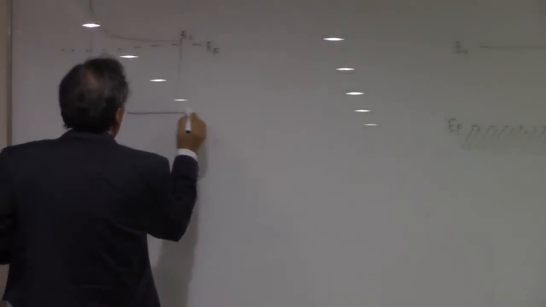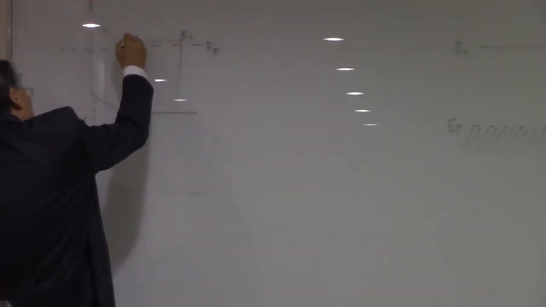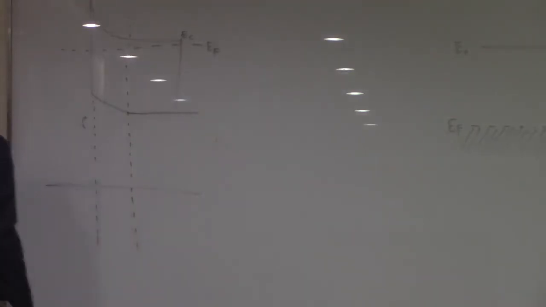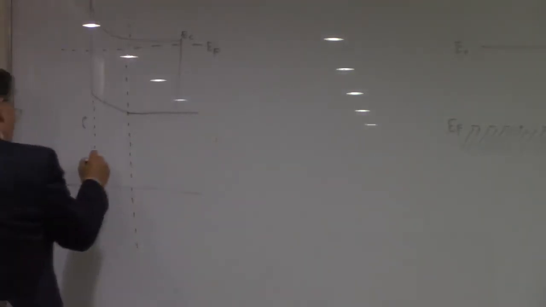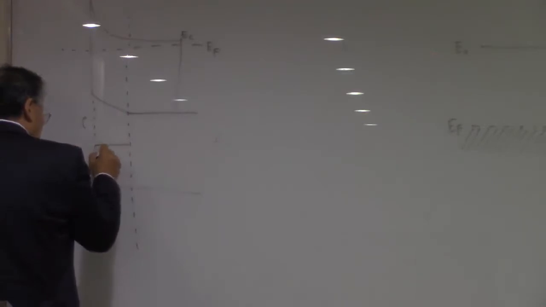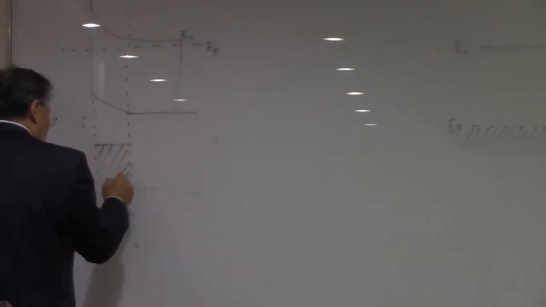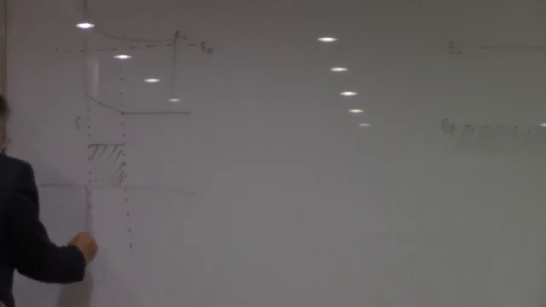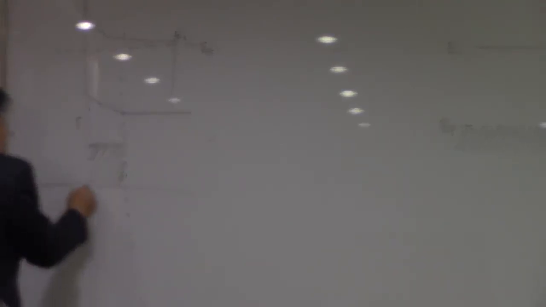Let's say if you distinguish the bending area, then you see we are going to have charges, and in the metal you are going to have very shallow, like delta function, charges right at the surface of the metals.